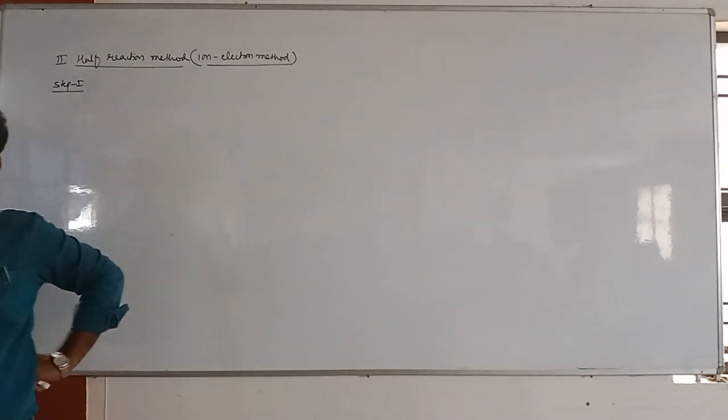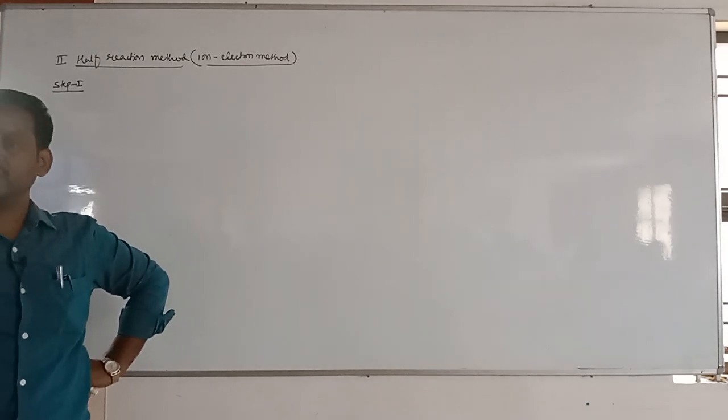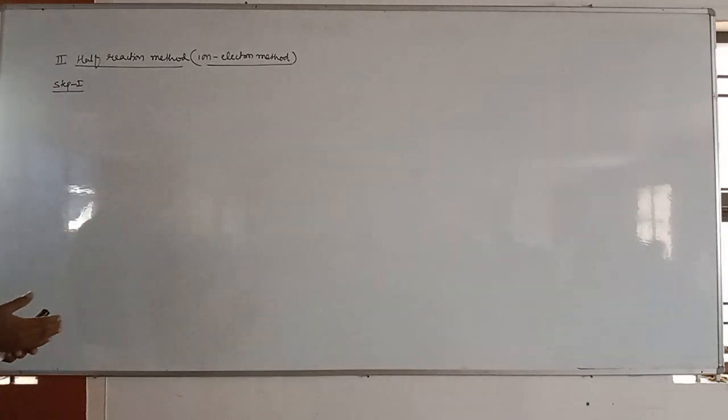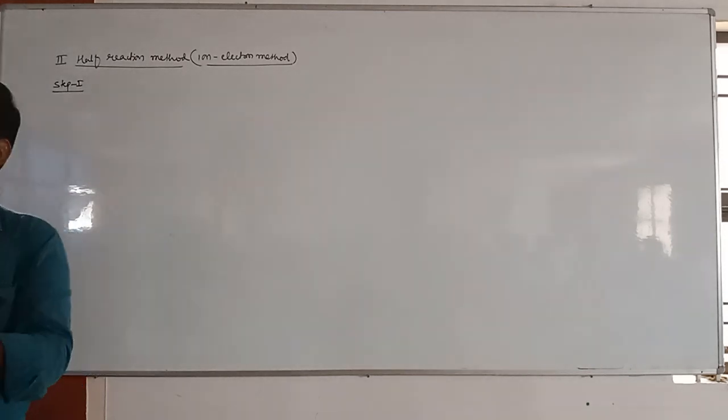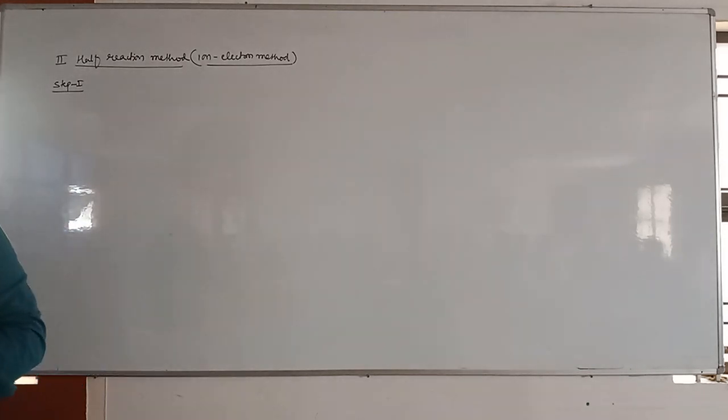And finally, after balancing charge, we need to add the two half reactions. Before adding the two half reactions, again we need to balance the two half equations with respect to electrons.